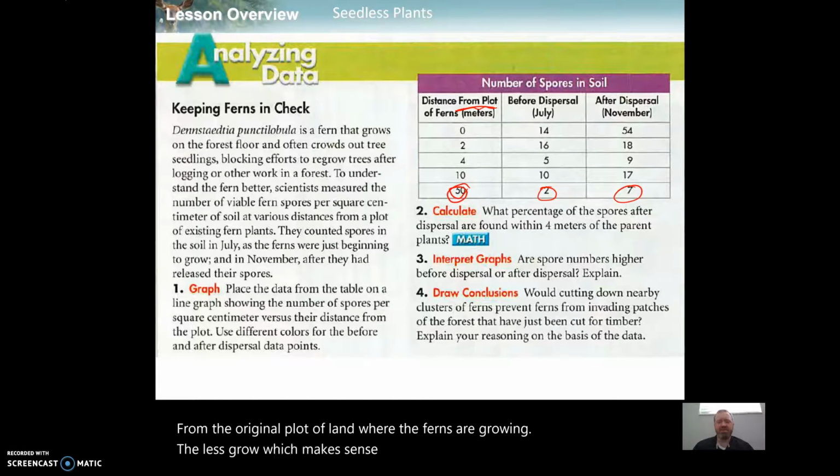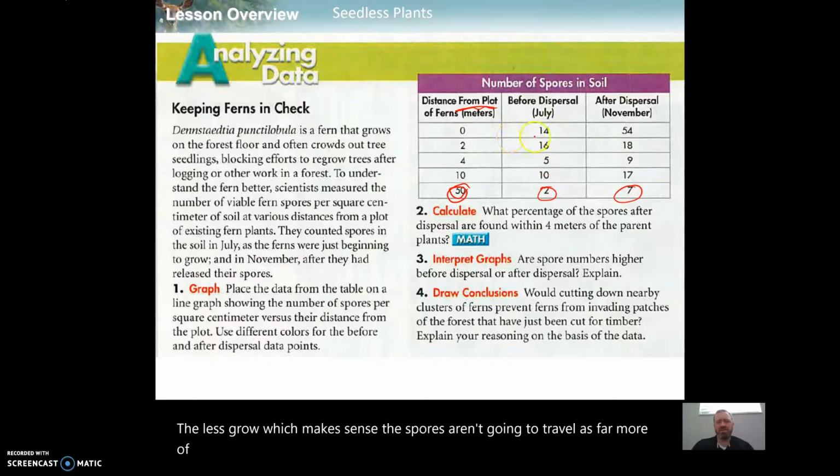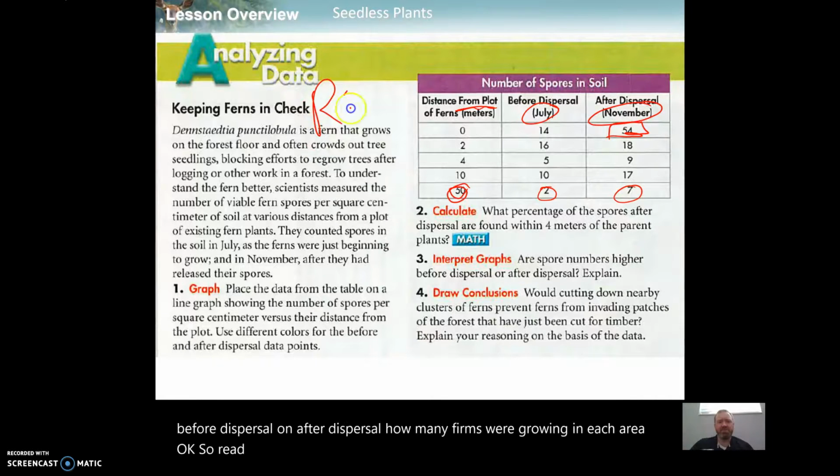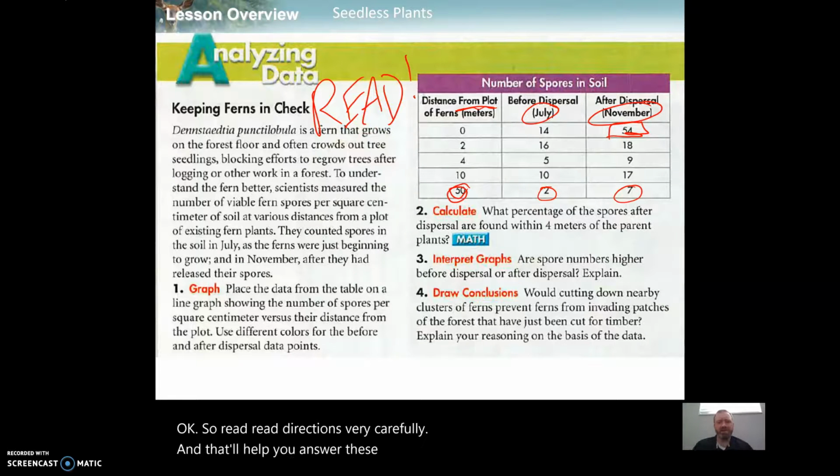The spores aren't going to travel as far. More of them are going to land closer to the plot. And so then you have before dispersal and after dispersal, how many ferns were growing in each area. So read directions very carefully, and that'll help you answer these four questions below.